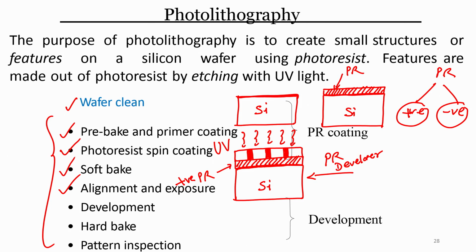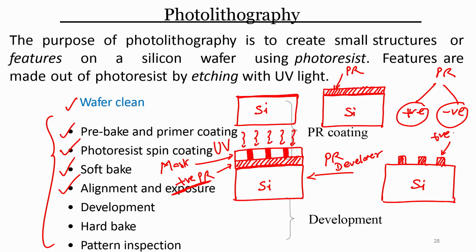That means if I use positive photoresist and I expose this, my mask looks like this, and when I develop it, on my silicon substrate I will be able to replicate whatever pattern was there on the mask.